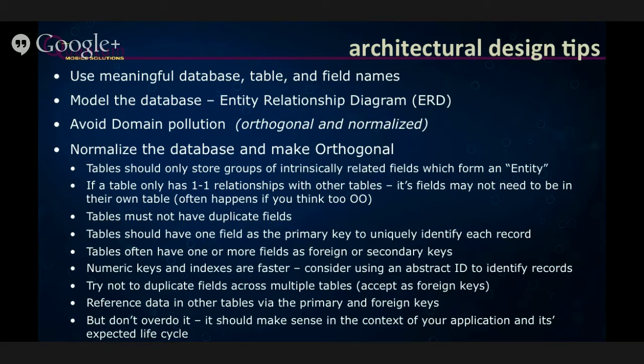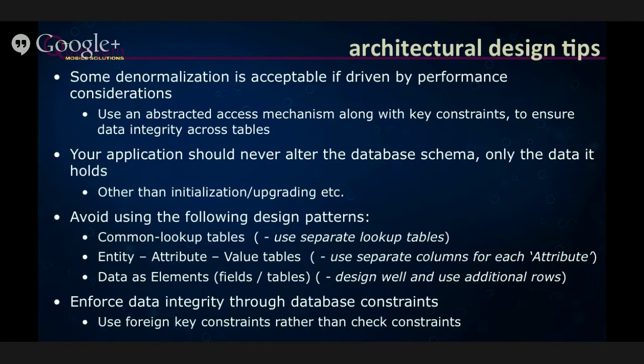And then reference data in other tables via the primary and foreign keys, so that you can actually manage and control the data. Right? But it is easy to overdo it and put a lot of work into that sort of thing when it's not really necessary. So, you sort of have to use your own judgment as to how far along those lines you go.